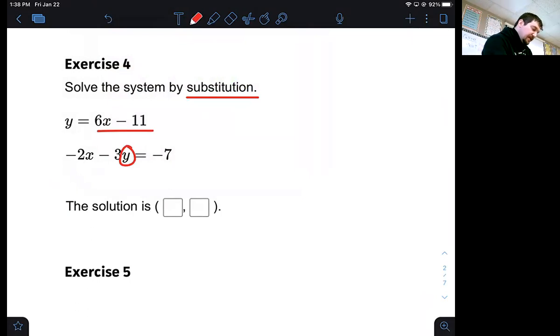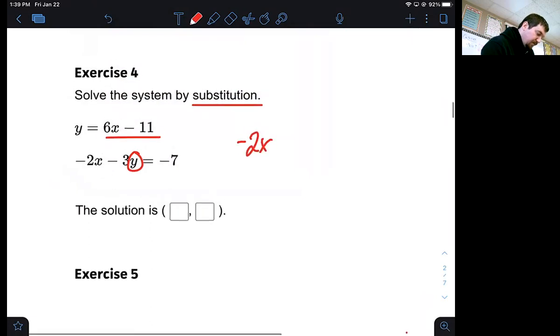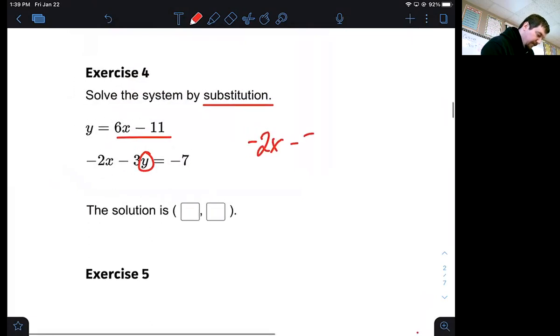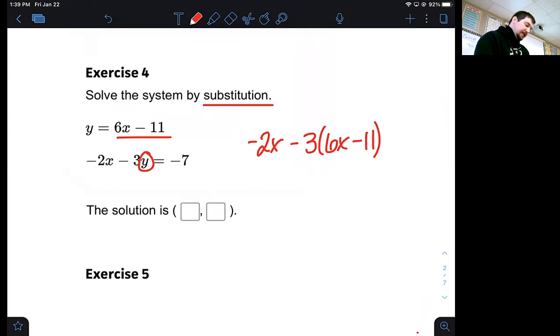And so that's going to give us this equation, negative 2x minus 3 parentheses, 6x minus 11, where I'm substituting that in for y, and then equals -7. This is the first method we learned in solving systems of equations.